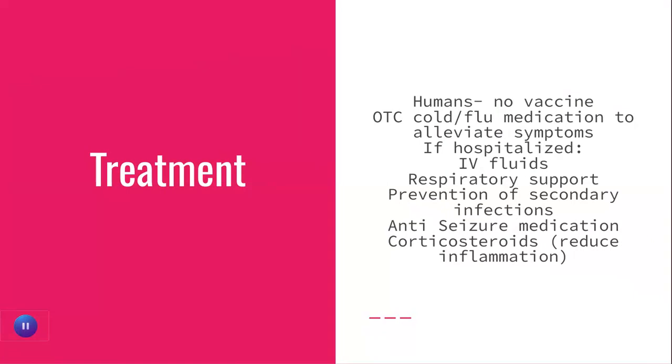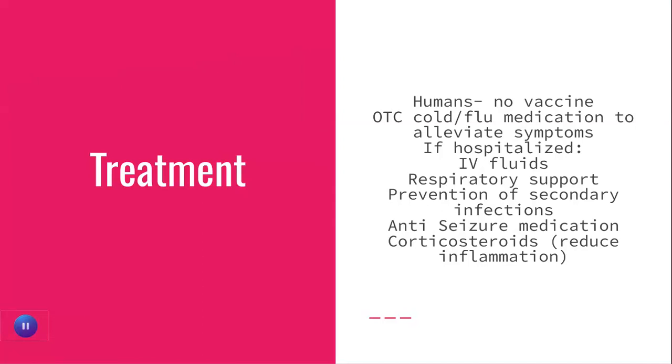For treatment, sadly, there's no vaccine for humans. So typically you would just treat the symptoms as they come. If you're feeling nauseous, or if you have a headache, you might take cold or flu medication to alleviate symptoms.